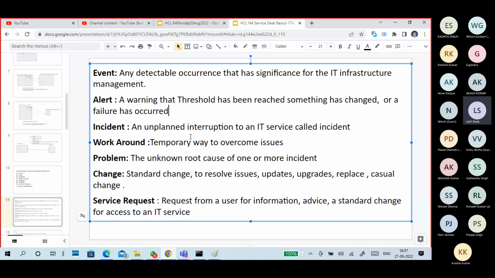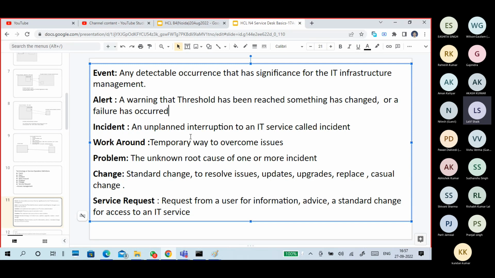Next one is service request. So what will the customer do? Either they raise an issue, means it is an incident, or they will raise a request. They want to change something. They want to change their access. They want to ask for a change of bandwidth, or maybe they will ask for some advice, some access permissions, configurations, or some changes like that.